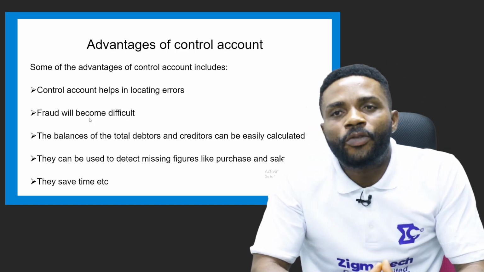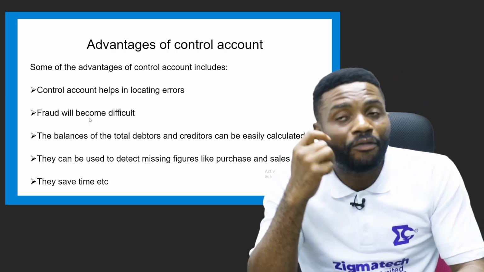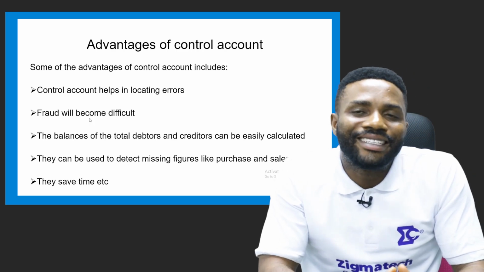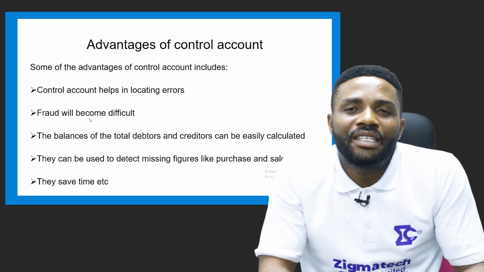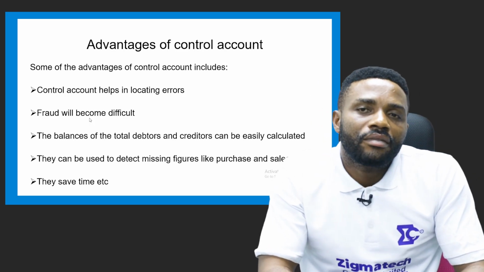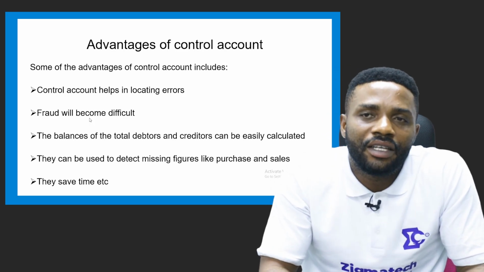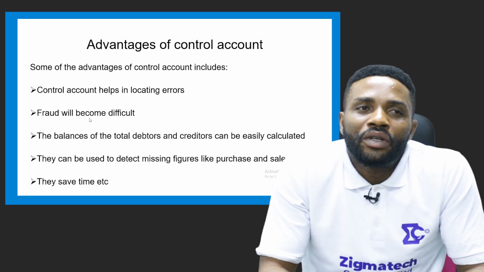Number two, fraud will become difficult. When you have an open control account, fraudulent practices will be drastically reduced. How? A lot of persons can actually buy on credit and they can deny. We are in a society where when people are in need, they come to you as if they want to die.